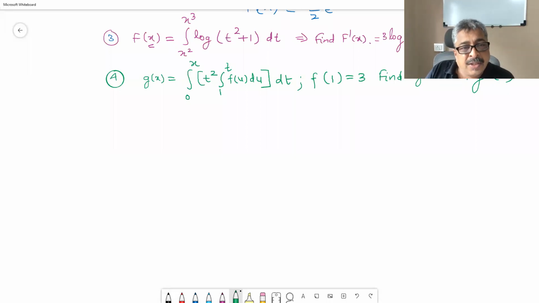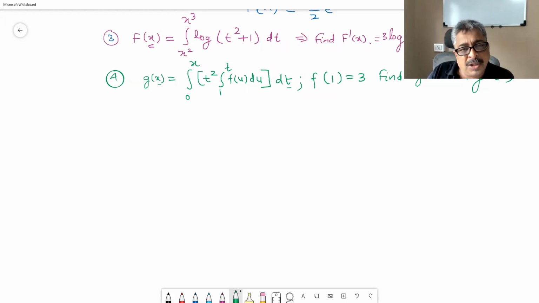Okay, g of x is given, so our parameter is x and variable is t. And if you observe this function, we don't have any x in it. So when we differentiate this with respect to x, it is going to be 0 because it's a constant for us as far as x is concerned. Therefore, first integral term in derivative under integration is 0.